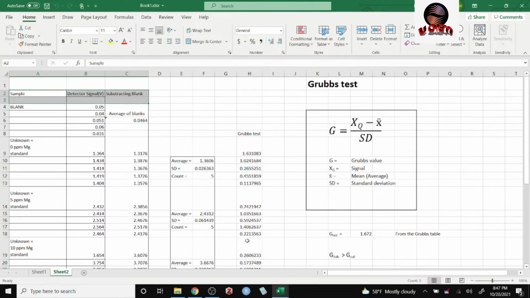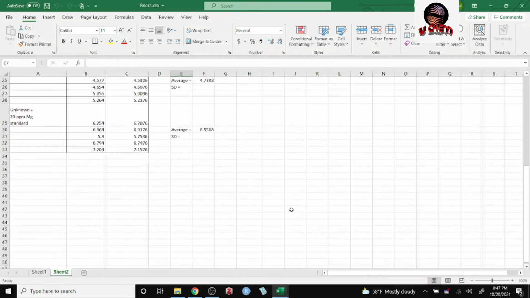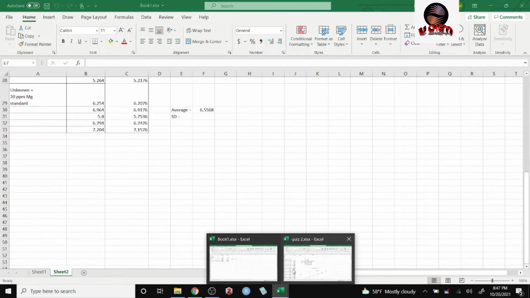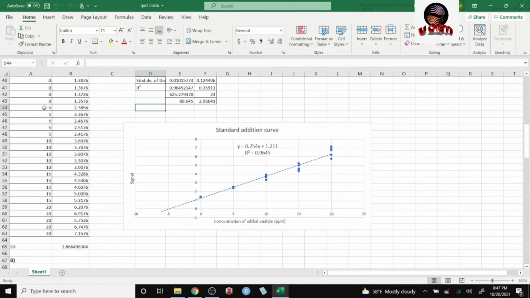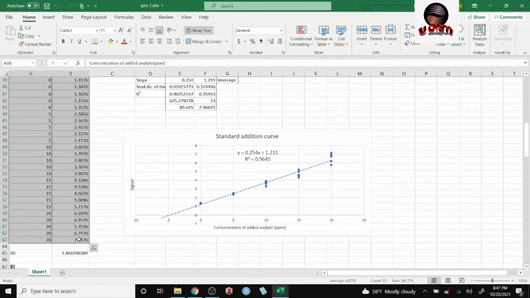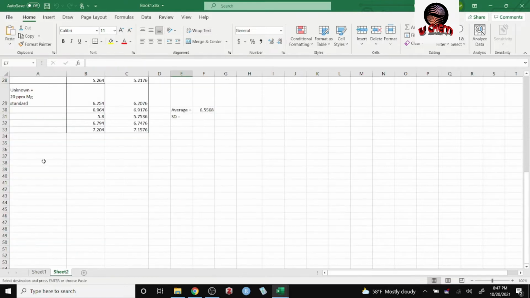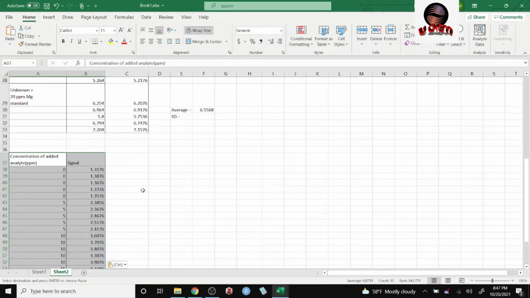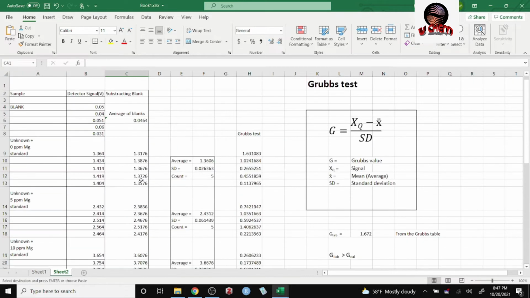For that, I'm going to take the data set. I'm going to get that data set from here because I don't want to waste time. If you have watched my previous video, I had this data set for the standard addition curve.